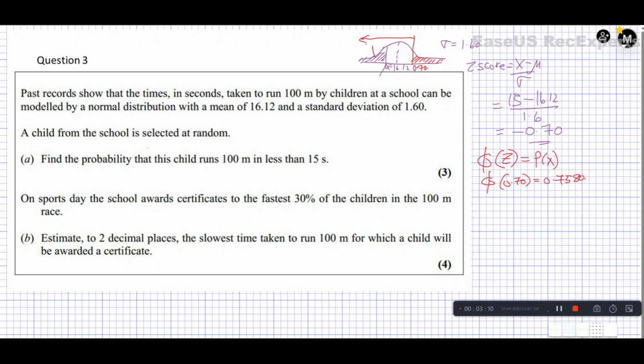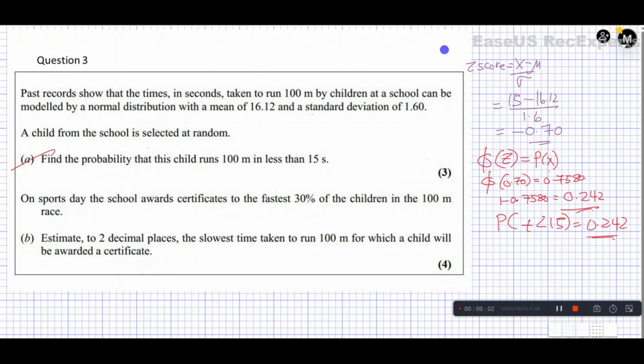That's not what I want. I want the region to the right, so I have to take 1 minus 0.7580, and the answer that I got was 0.242. So the probability for a child to run less than 15, so t is less than 15, equals to 0.242. Okay, so that's for part A.